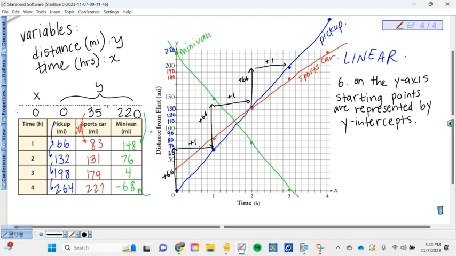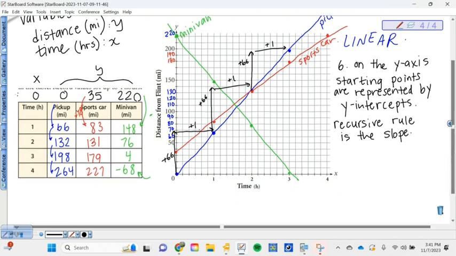Over 1. When I'm talking about going up and over, what am I talking about? Good, that's my slope. So the recursive rule, my common difference, what I'm adding every time, is my slope. Does that make sense, Kayla? More so than what I said earlier.